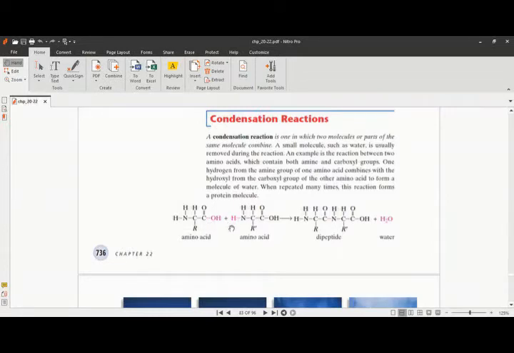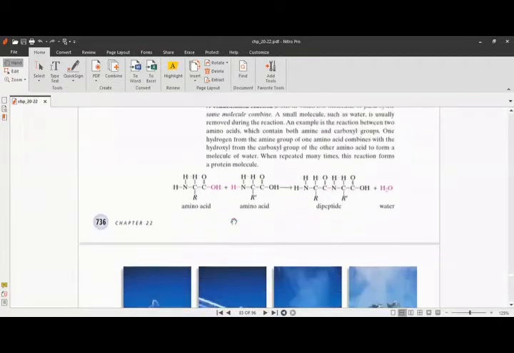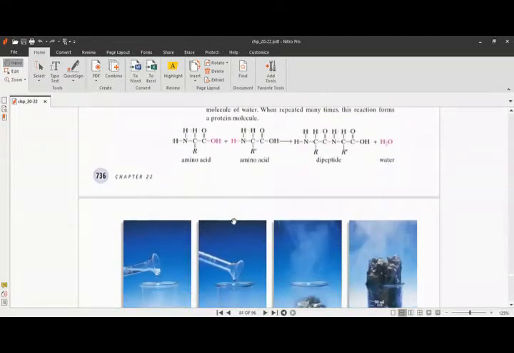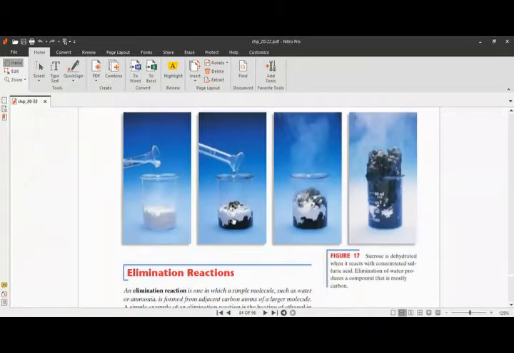The bond between the carbon and nitrogen is produced, and water is removed from the two molecules. So all you did was remove water and combine two molecules to make a dipeptide, which is a type of protein from two amino acids. This reaction is called a condensation reaction.